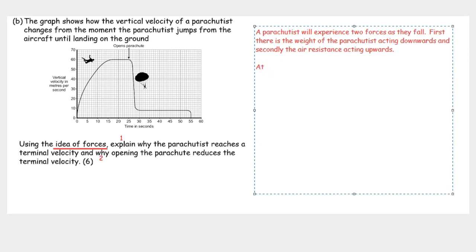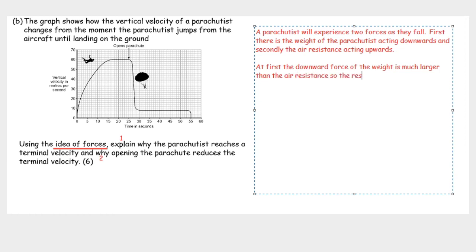So I'm going to say at first, the downward force of weight is much larger than the air resistance.